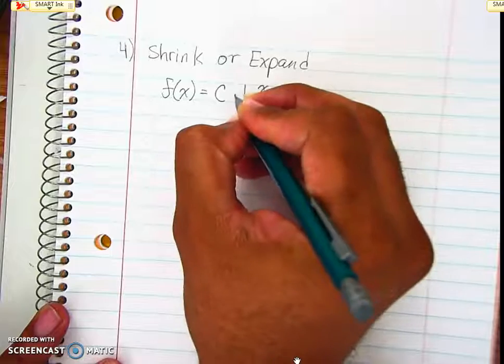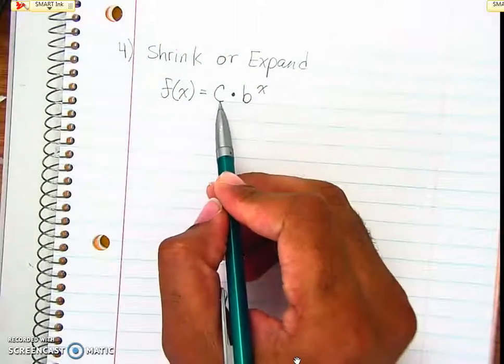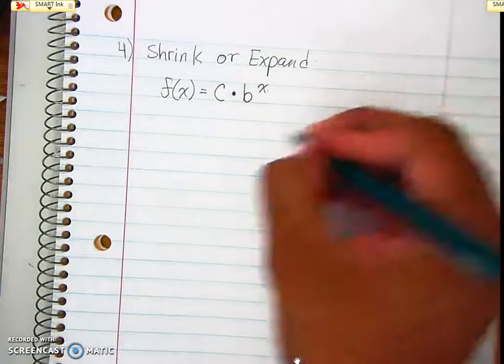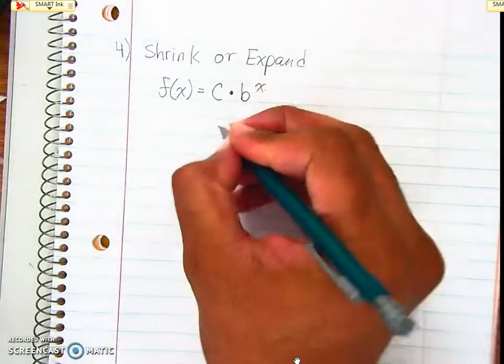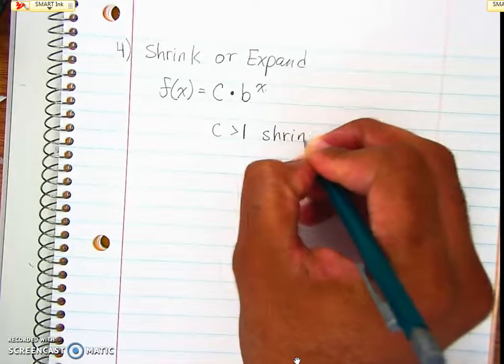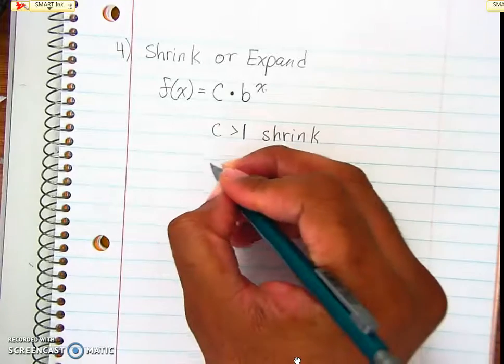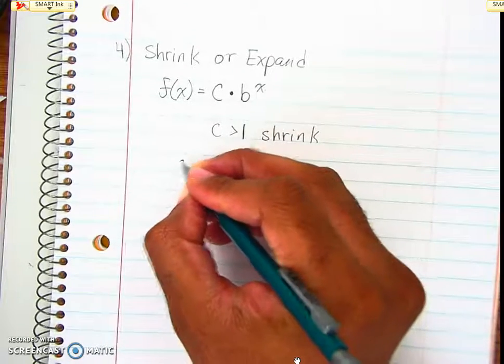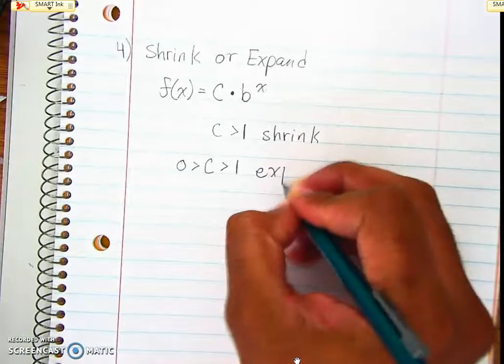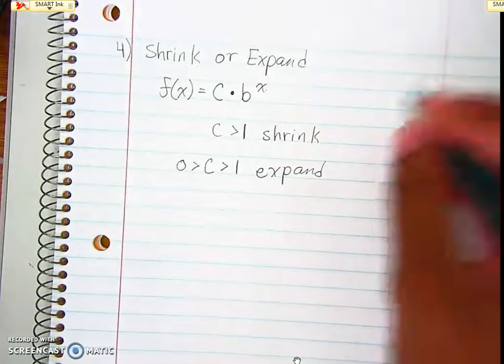And as we did the regression stuff, you saw there was a number here, and then there was a number here, then there was an exponent. So the same thing happens here. But again, if c is greater than 1, it's going to shrink or compress. And if c is between 0 and 1, it's going to expand. Exactly the same thing we said before.